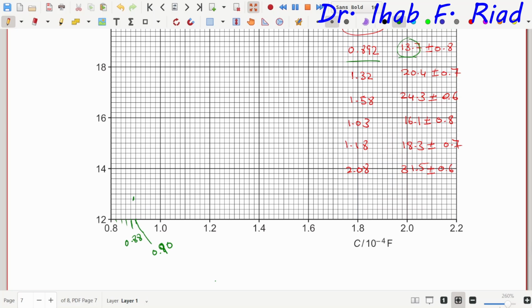Okay, let us do the calculation. 13.2, 13.4, 13.6, 13.8. So the value is going to be somewhere over here.